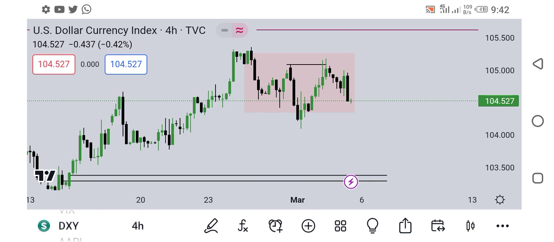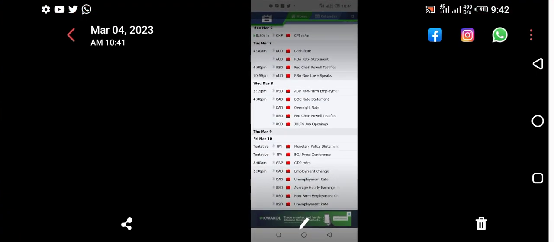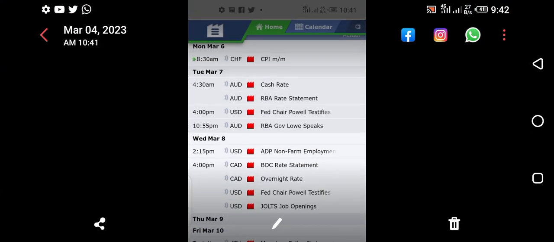So they are basically holding the dollar index in consolidation. It's intentional. One of the reasons I believe is because of what will happen next week. Let me show you the calendar for next week. On Monday, only the Swiss National Bank will have a report release, that's CPI month over month. On Tuesday, the Australian dollar, the Aussie, at 4:30 a.m., will not trade in that time.